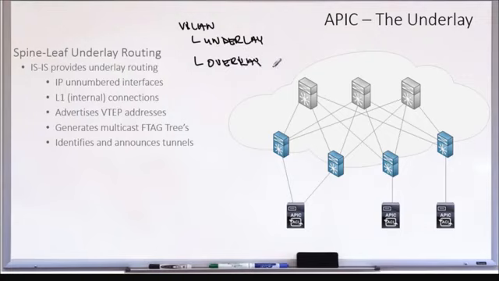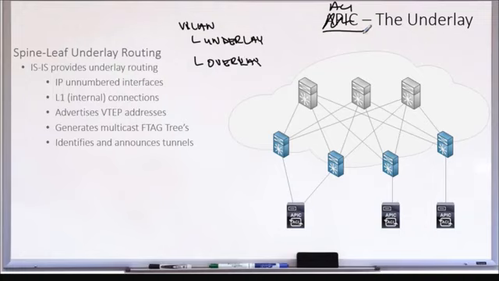Okay, so ACI, and I have APIC here, this should read ACI. ACI uses VXLAN. We're not using the exact formatted header as traditional VXLAN. There are some variations to the VXLAN header within the implementation of ACI, but we do leverage VXLAN within ACI.